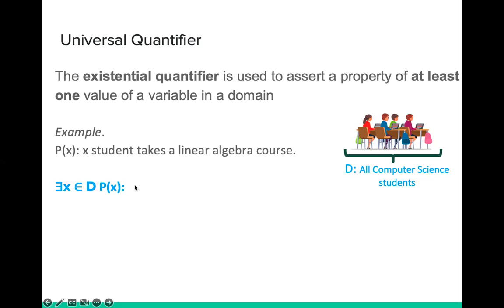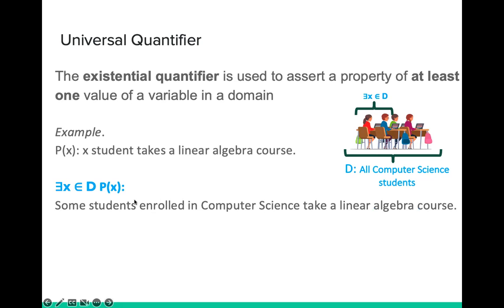Suppose we have this existential quantifier: there exists an element x, or some elements x, in D, P(x). That means at least one x in D, or some computer science students, take a linear algebra course.